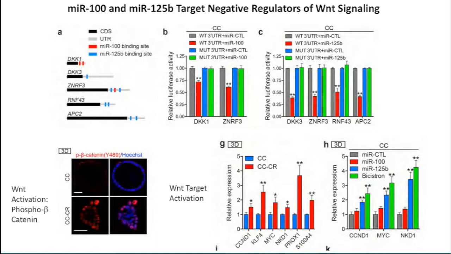Opposite of that, it should show an activation of Wnt signaling, which is what we see when we look at beta-catenin levels, or when we pick out genes that are known to be Wnt target activators, we see increases in these resistant cells. So the idea is that these microRNAs are targeting negative regulators of Wnt signaling, which thereby increases Wnt signaling in the resistant cells.